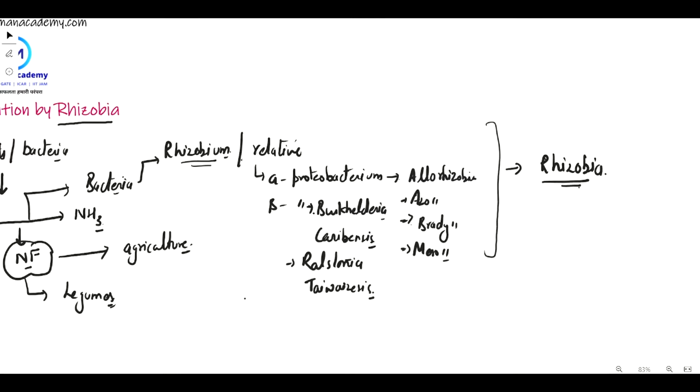If we talk about the properties of these Rhizobia, they are free living bacteria present in soil.